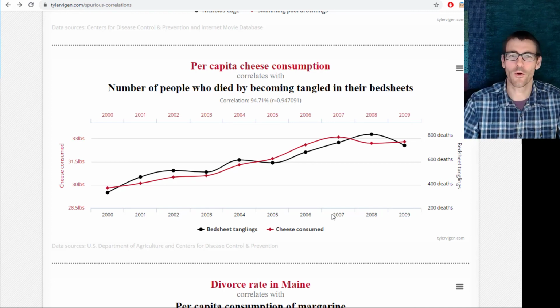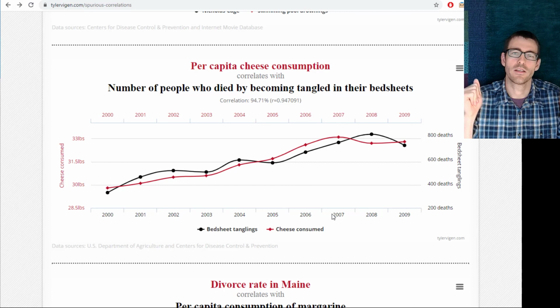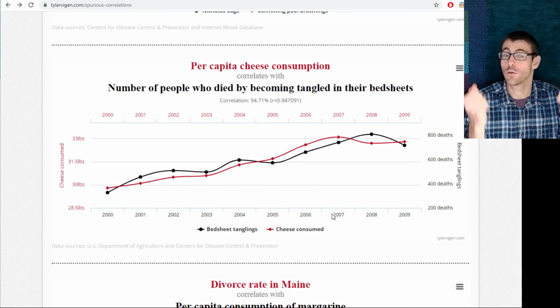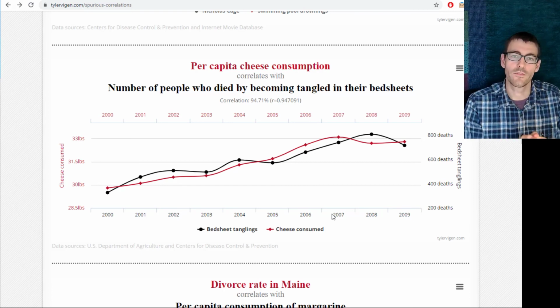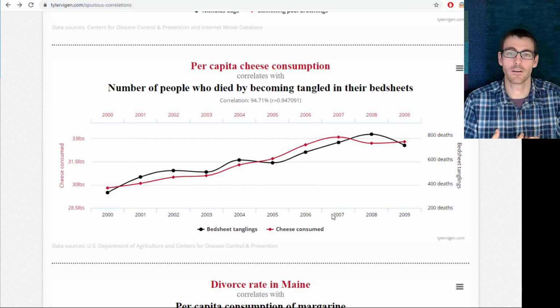Maybe you've heard this before, but what it really means is just because there is a very strong association between two variables doesn't necessarily mean that there's any kind of causality going on here.